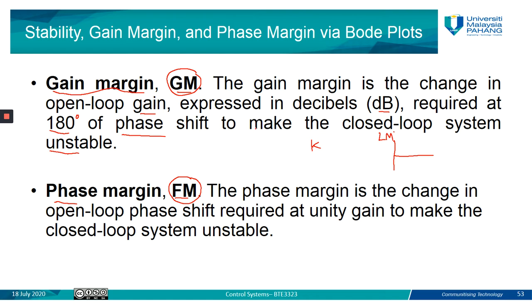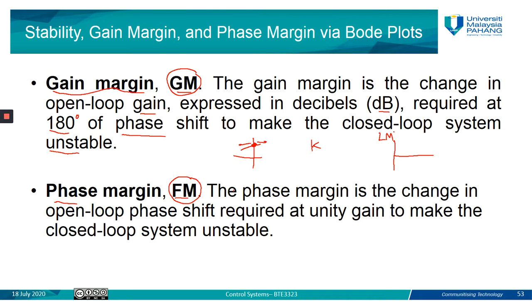It's equivalent to the value of the crossing of the root locus. If you remember, when the root locus crosses the imaginary axis, this crossing point is important because it decides if the system is still stable on the left side or moves to the right side and becomes unstable. So this is the gain margin.